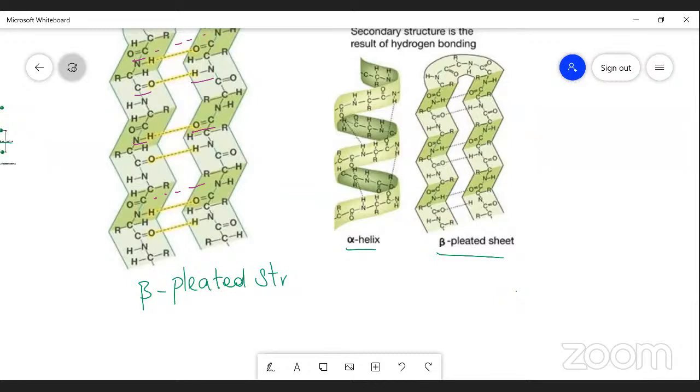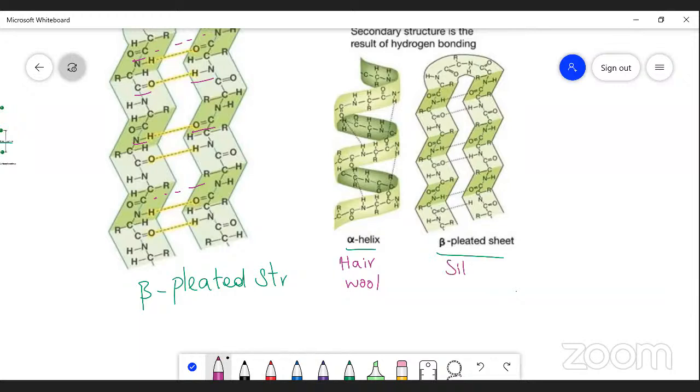Examples of alpha helix are hair and wool. For beta pleated, the example is silk. What is the difference? The alpha helix structure is a right-handed coil. And the beta pleated slides over and over and makes the three-dimensional structure.